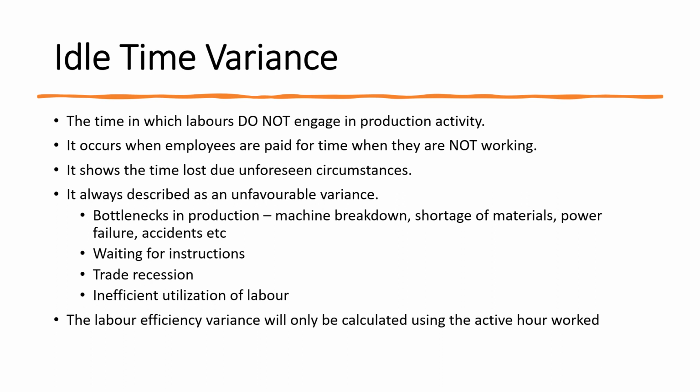Looking at the definition, idle time refers to periods when labor is not actively involved in production activity. It occurs when employees are compensated for time during which they are not working.